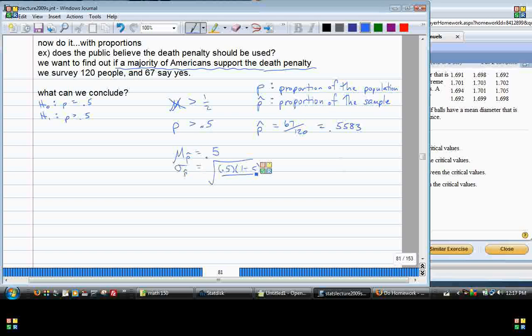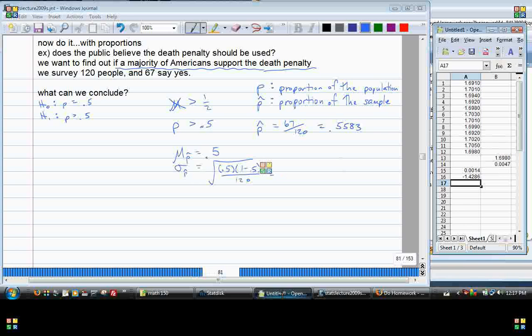It's the square root of p times 1 minus p, divided by n, which is 120. We have to work out what this is, and get 0.0456. Alright. Now what?